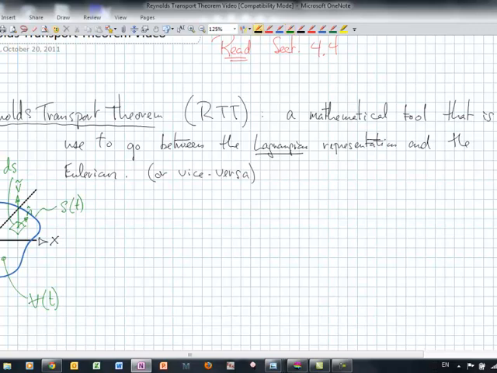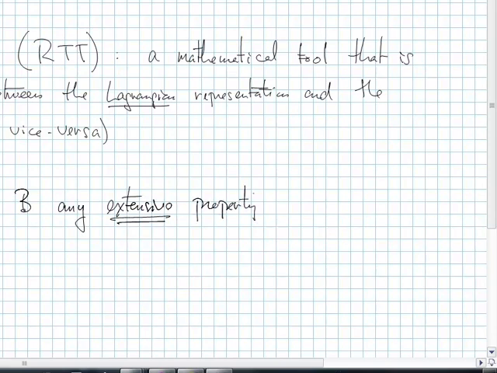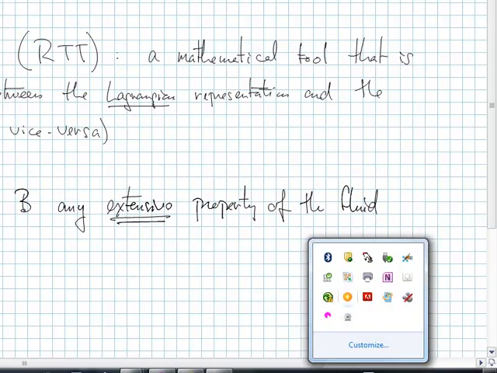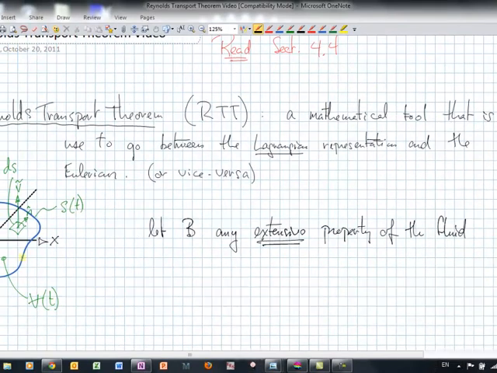Let's let capital B represent any extensive property (it's important) of the fluid in our system.